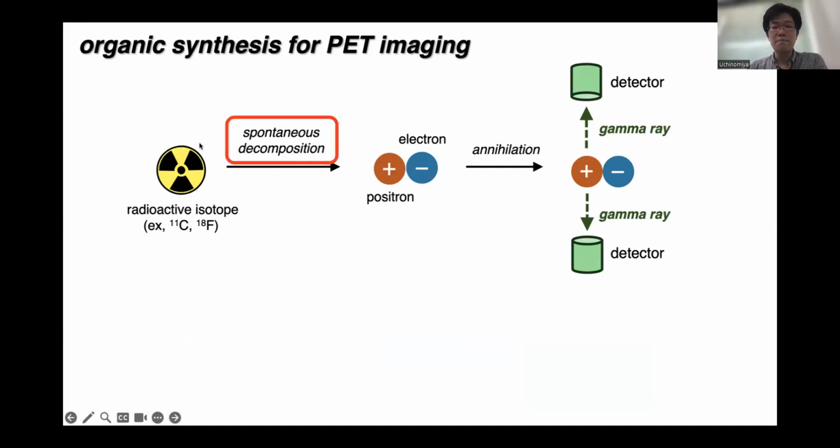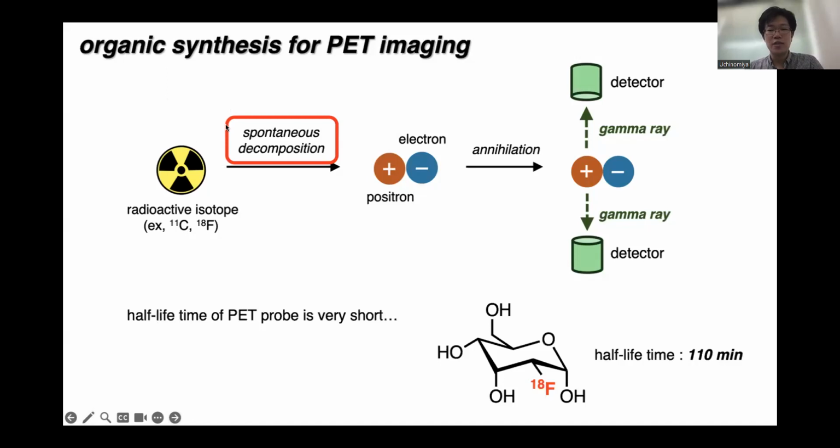However, the important point is this spontaneous decomposition. Generally speaking, the half-life of a PET probe is very short. In the case of this probe, the half-life is only about 2 hours.